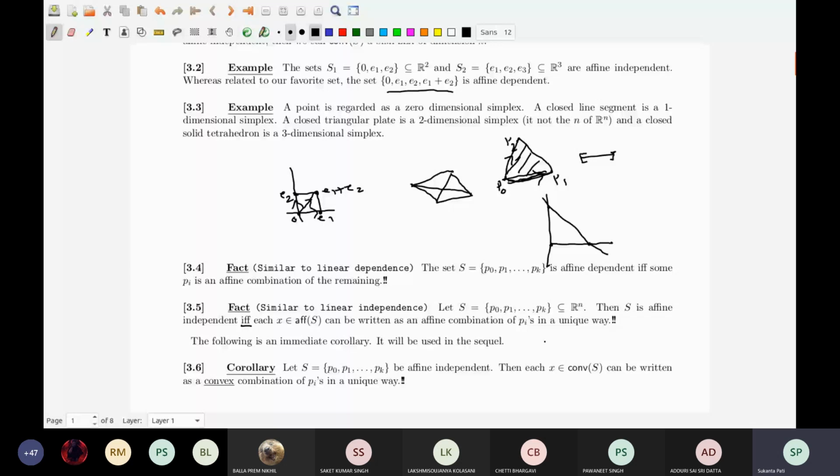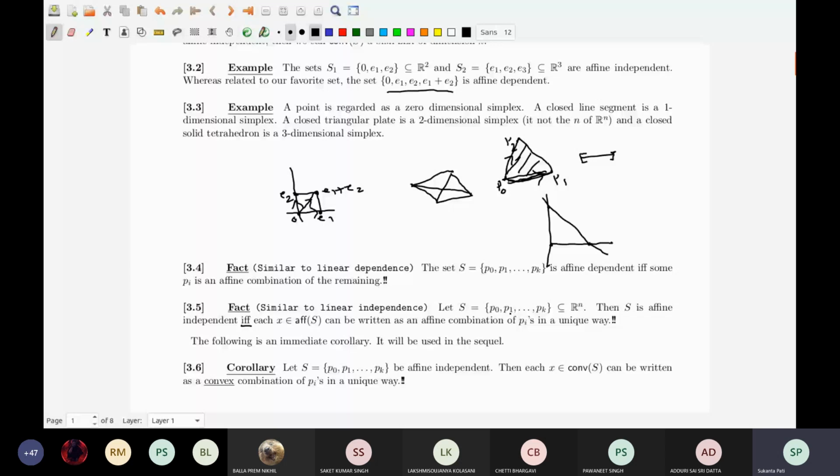As a corollary, remember that the affine space generated by S contains the convex hull of S. The affine space is all affine combinations, and an affine combination means the sum of the coefficients has to be 1. In particular, if the coefficients are also non-negative with sum equal to 1, that is a convex combination.